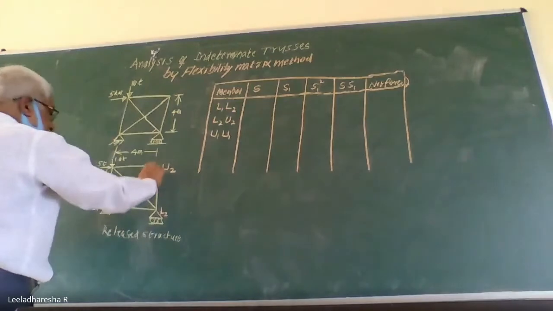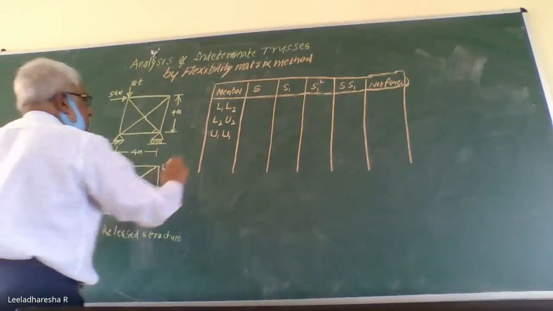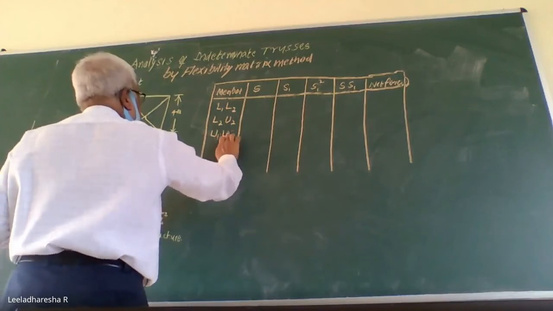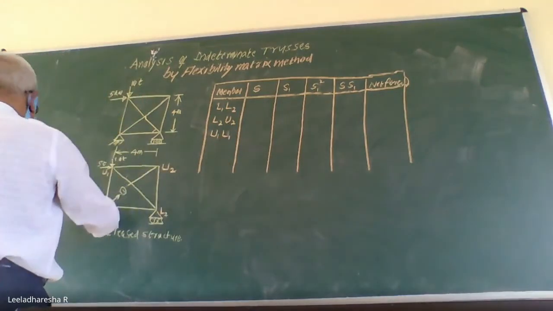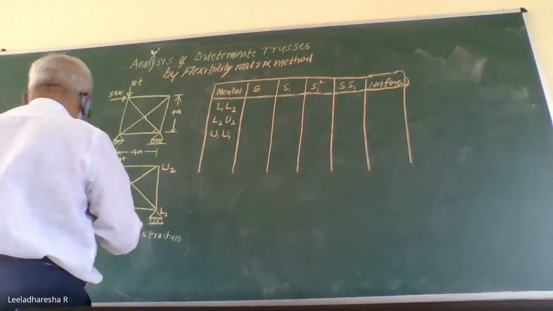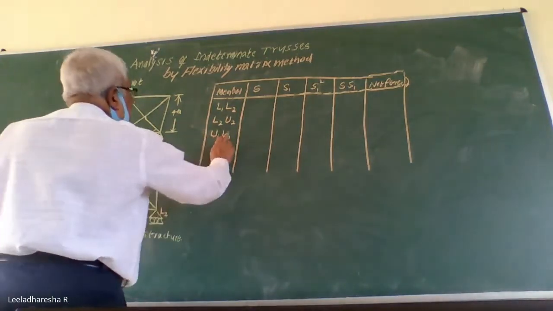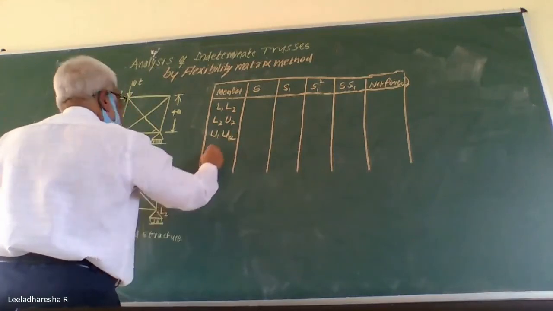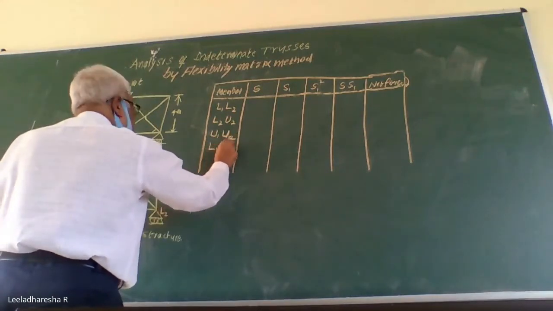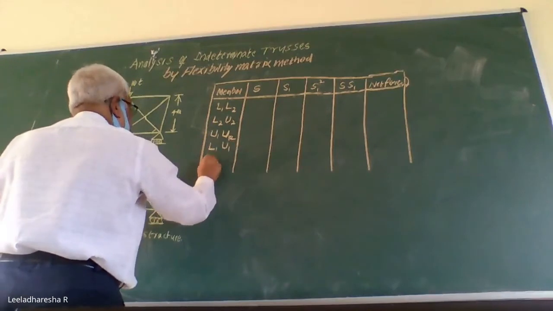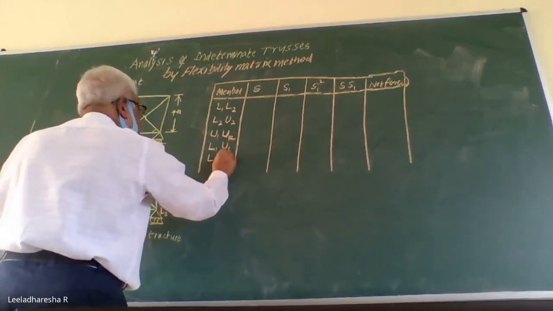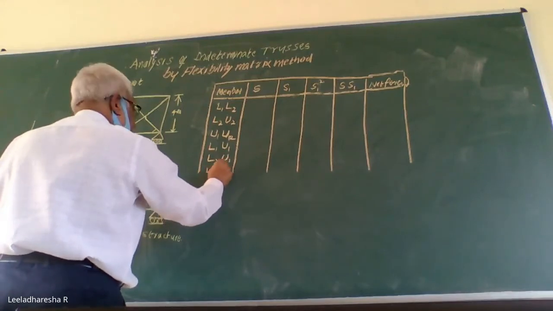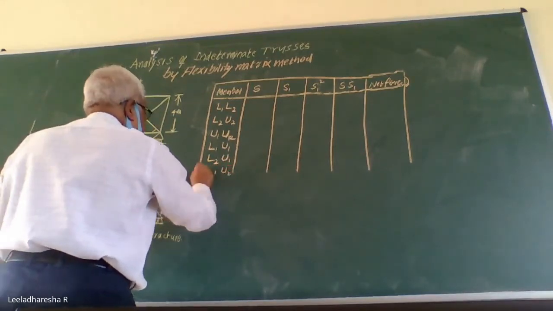That is, this member is L2, U2. Similarly, U1, L1 stands for this member. Then U1, U2, then member L1, U1, then member L2, U1. And the last member, there are 6 members, L1, U2.